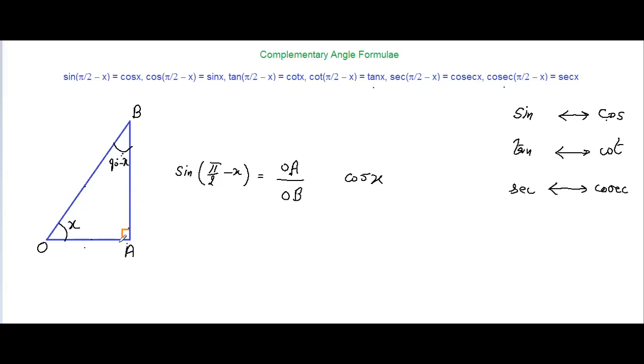Hypotenuse is always opposite to the 90 degrees, so that is always OB. But if we find cos of x, for the angle x, perpendicular is AB, but base is OA. So OA is the base for angle x and OB is the hypotenuse. So OA upon OB, which is sine of 90 degrees minus x, is actually cos of x.